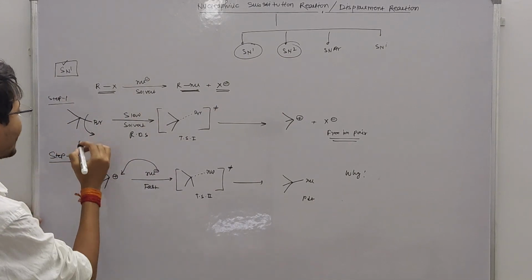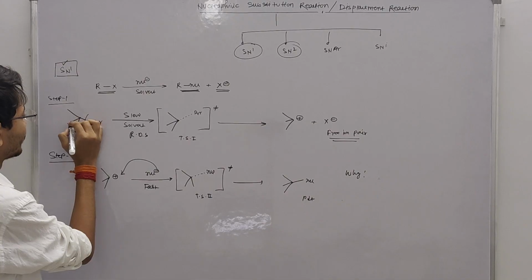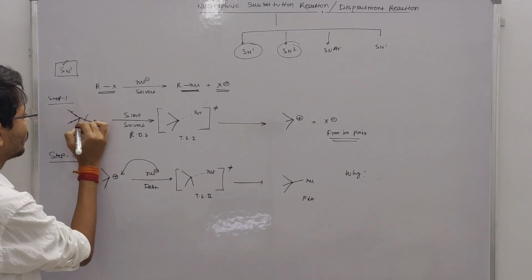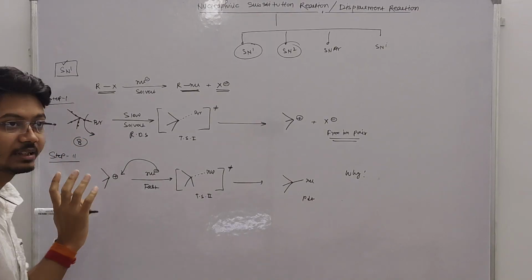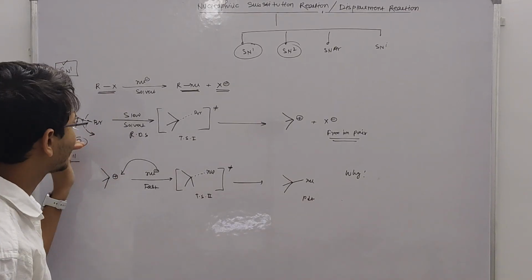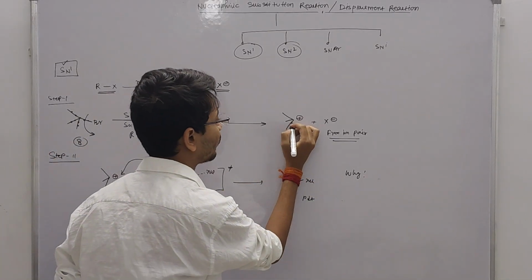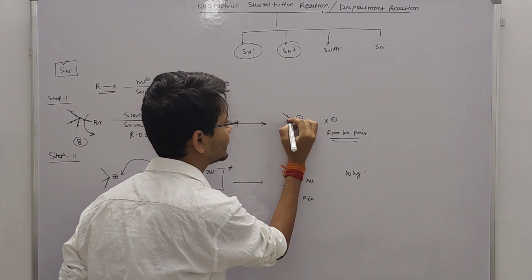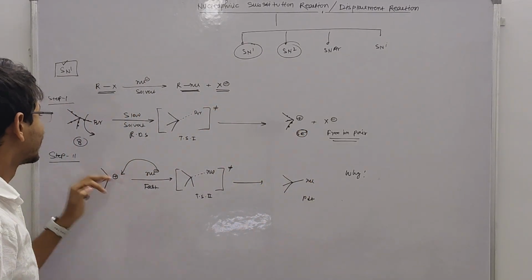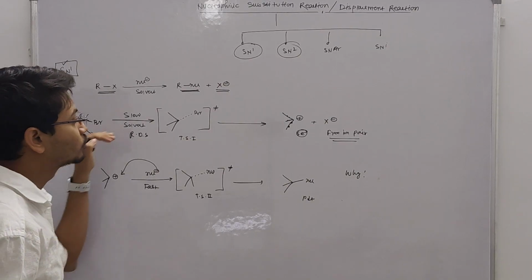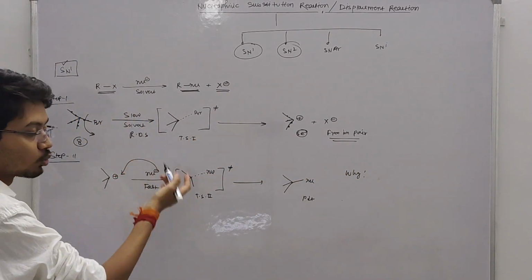As you can see here, 8 bonded electrons are there, 1, 2, 3, 4, 5, 6, 7, 8, so a complete octet. As you move forward, it becomes incomplete, 6 electrons, so an incomplete octet. So it goes from stability to instability. That's why it is a slow step.